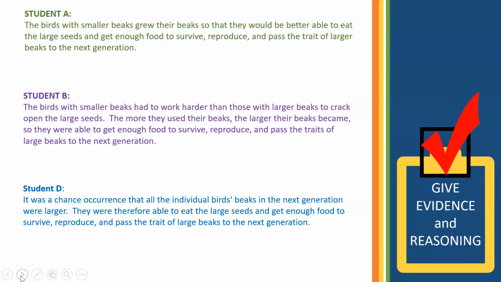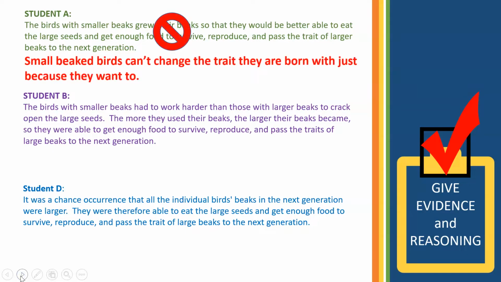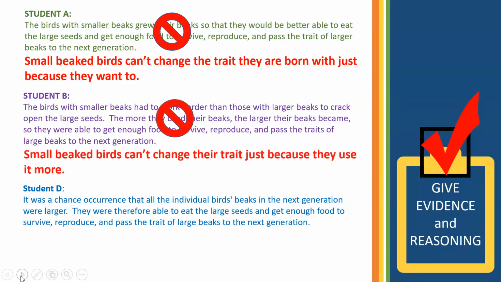So why were the other students incorrect? Well, student A had the misconception that the small-beaked birds could somehow change the trait they were born with. This can't happen. The same with student B. Just because the small-beaked birds used their beaks more, that didn't mean that that trait was going to change.